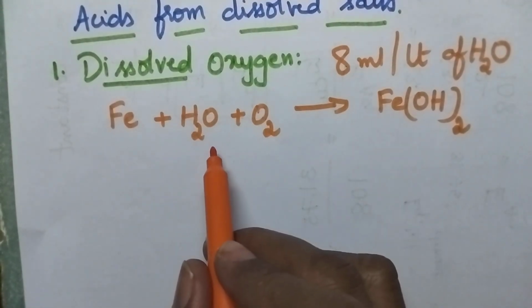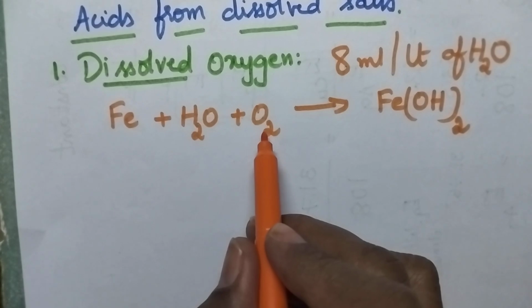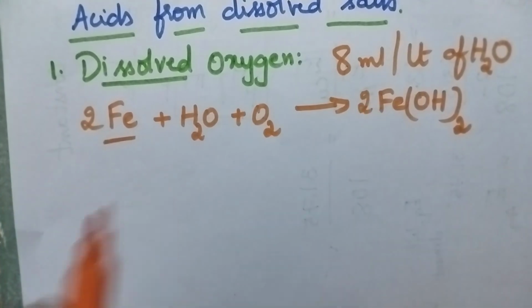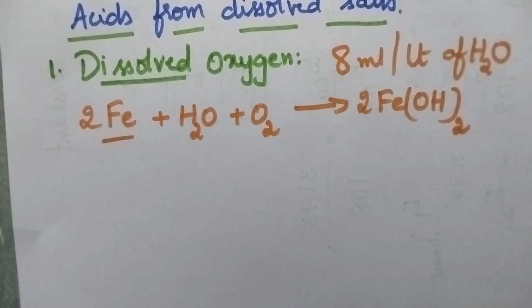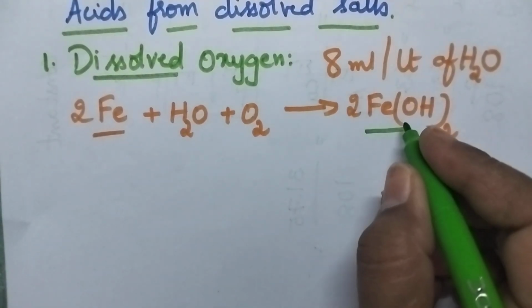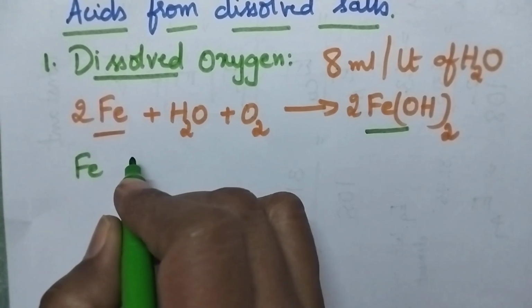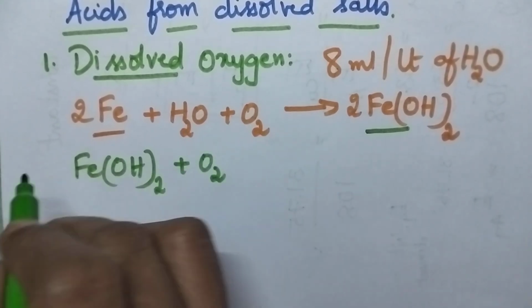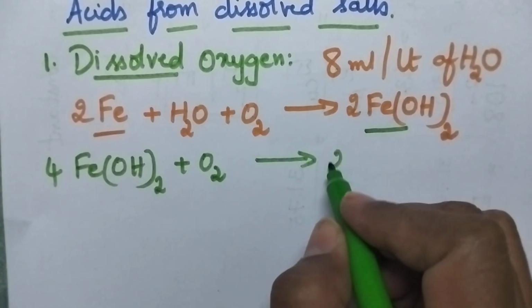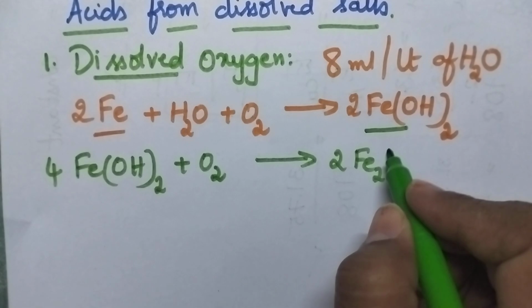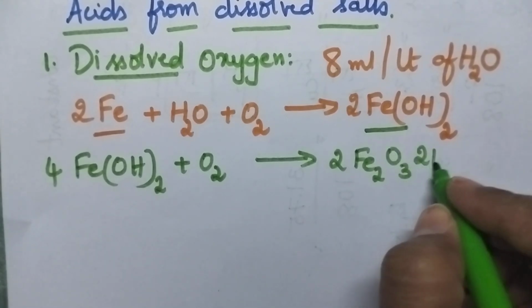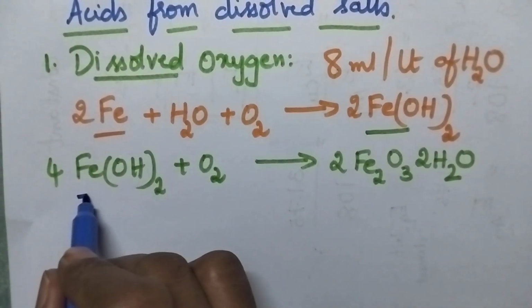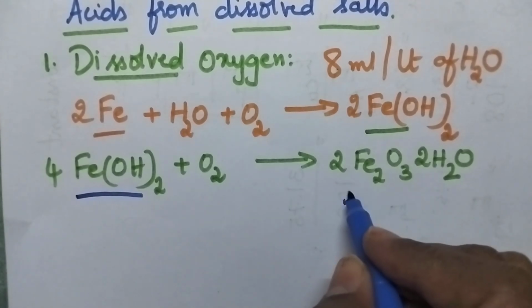and results in the formation of ferrous hydroxide. At high temperatures in the boilers, the dissolved oxygen readily attacks the boiler material and results in the formation of ferrous hydroxide. Once ferrous hydroxide is formed, it readily converts into ferric oxide, that is nothing but rust.